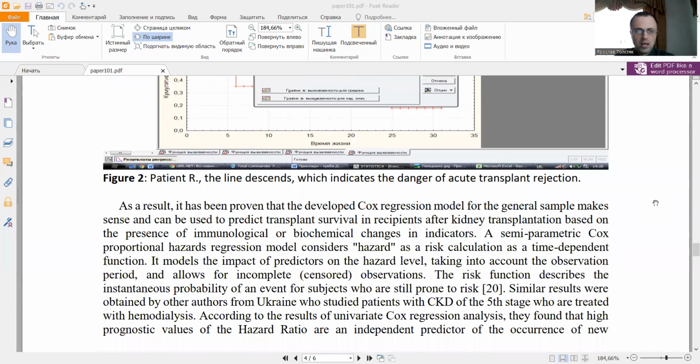As a result, it is proven that developing Cox regression models for the general sample makes sense, and they can be used to predict transplant survival in recipients after kidney transplantation based on immunological and biological change indicators.